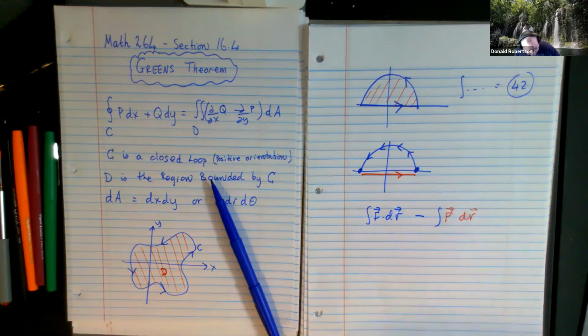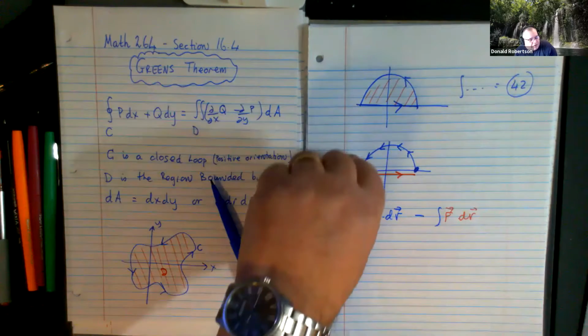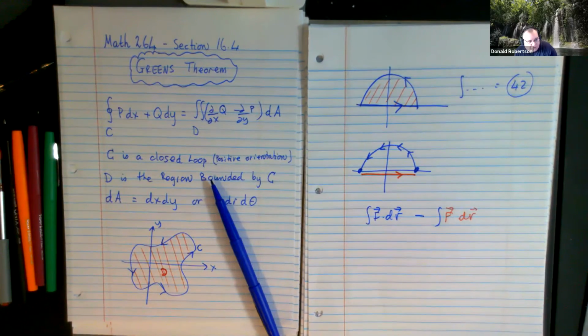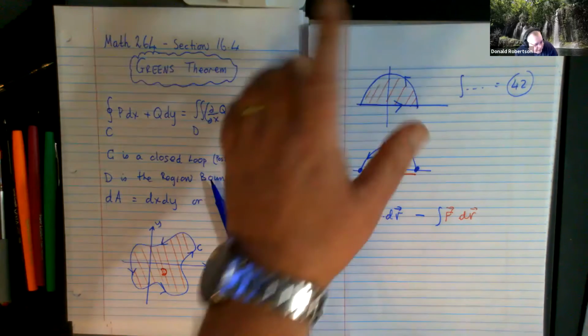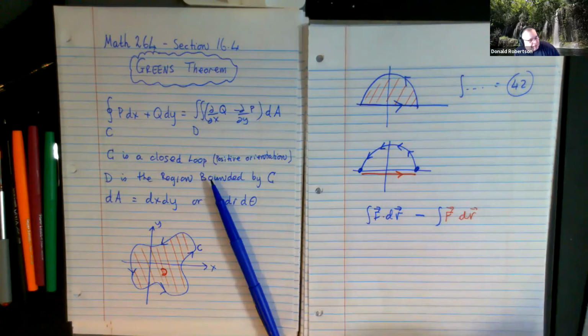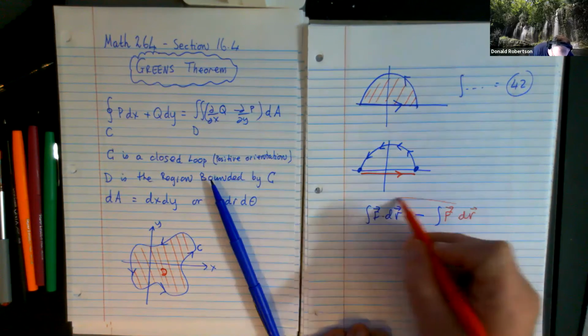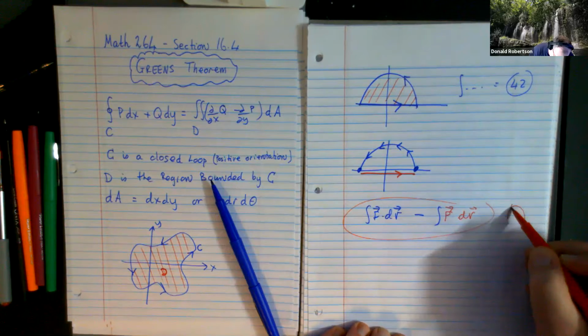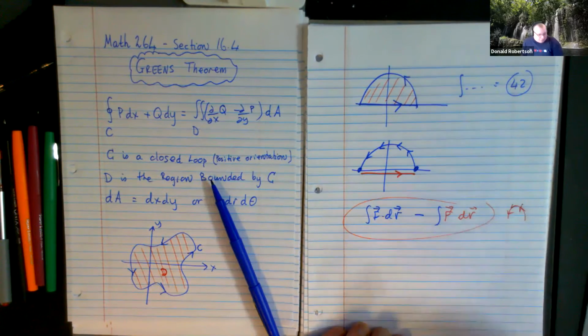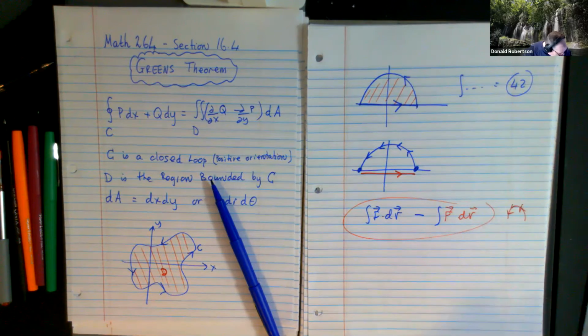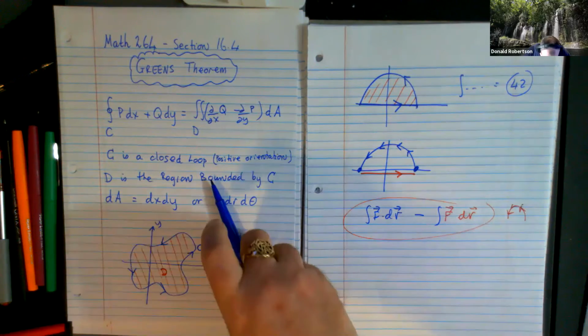Because if you did this from two sections back, can you trust me that in a lot of circumstances, the integrals that you get are horrendously big and ugly? Whereas Green's theorem might be very easy, it's 42 pi. And then you have to do a little baby line integral, which you would subtract. And what would be left would be that guy. So that is not a question that you've been asked to do.